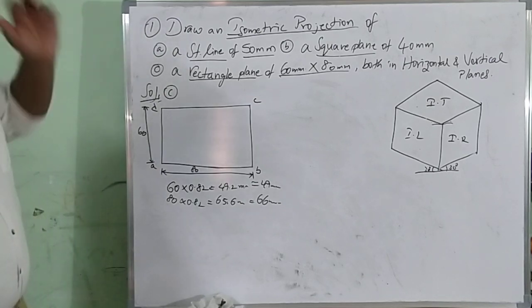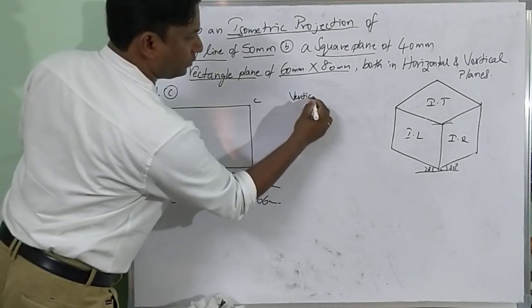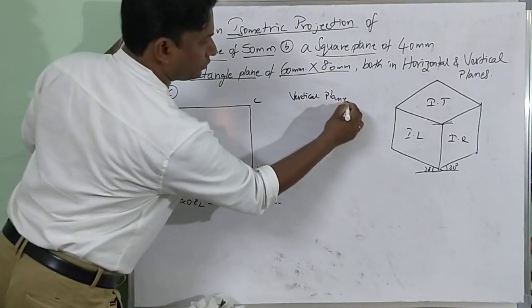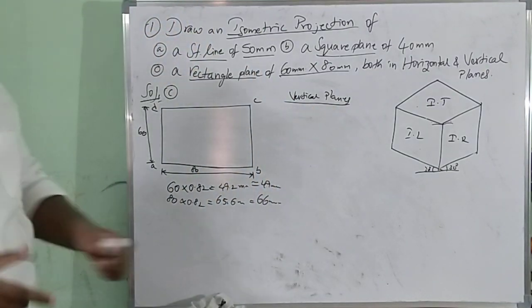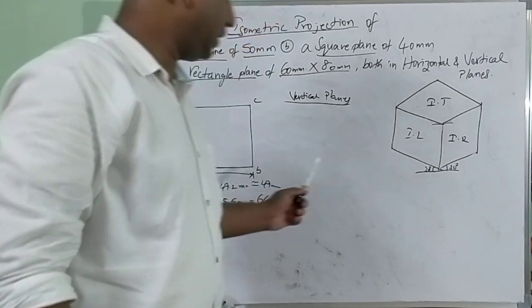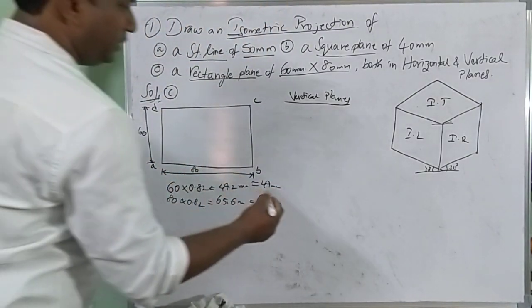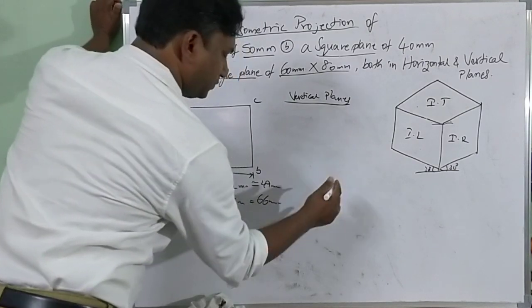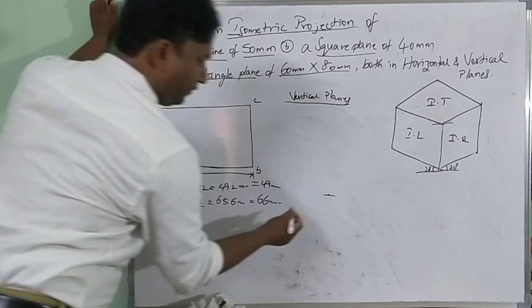Like here, we will start with respect to vertical planes. Vertical planes means what? You can see here we have height and length. Height you can use 60, length you can use 80. Simple, right? What I am doing is, with respect to one line, taking a point reference.